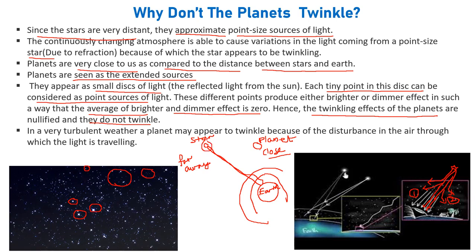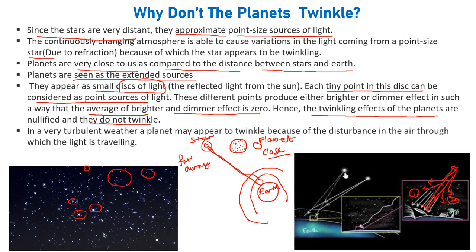Now coming to the planet, if I compare a planet as a disk of light, as they have told here, disk of light means it is made up of many point sources, and each point source of light is giving out light.